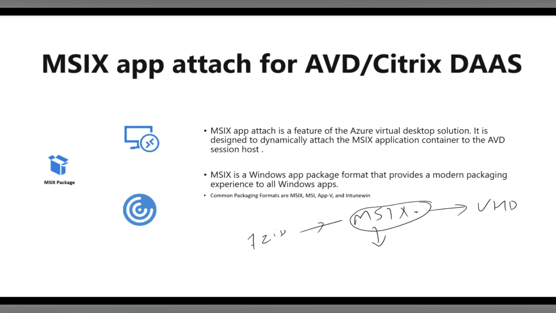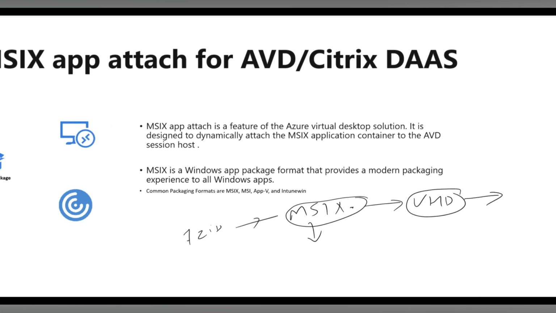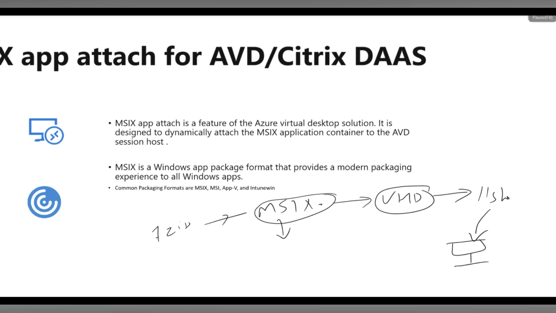Once we have this VHD or VHDX, we will put this file in a network share. From the network share, we will attach those packages or containers to our session host or host pools. So this is the end-to-end procedure of how we can convert an application to a container.